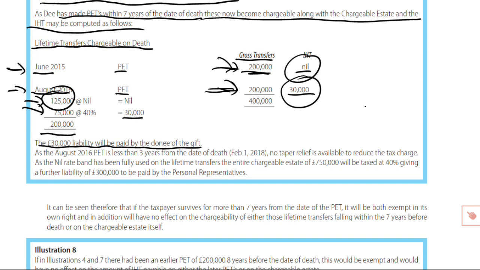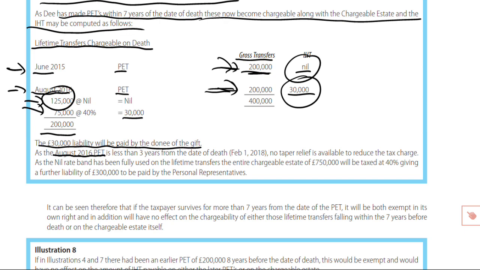Now then, we mentioned that if there is tax to pay, that tax may be reduced by something called taper relief. But that is only if you survive for more than 3 years from the date of the transfer to the date of death.